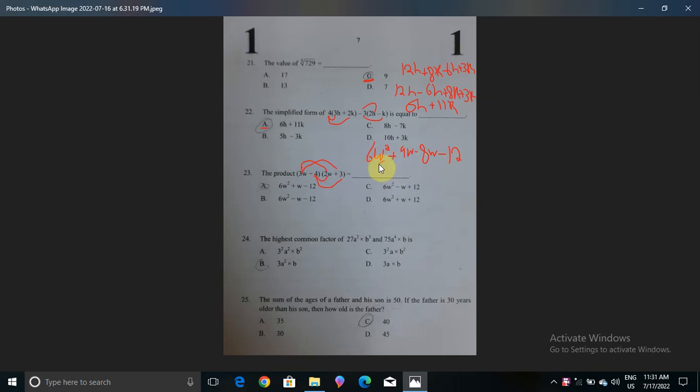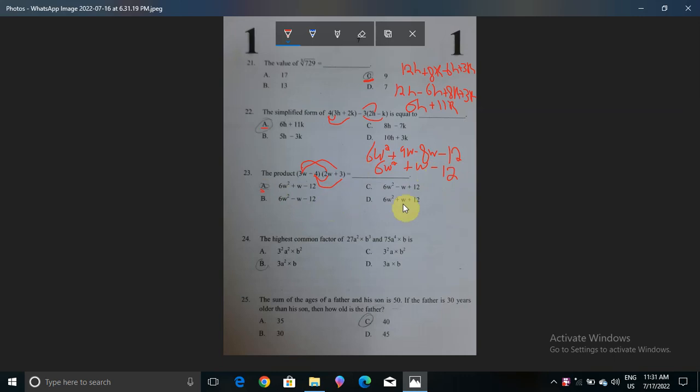Then what we'll do here, 6w squared plus w, which is 1w, minus 12. So that means our answer here, we'll get it in choice A, which is the correct answer for question number 23.